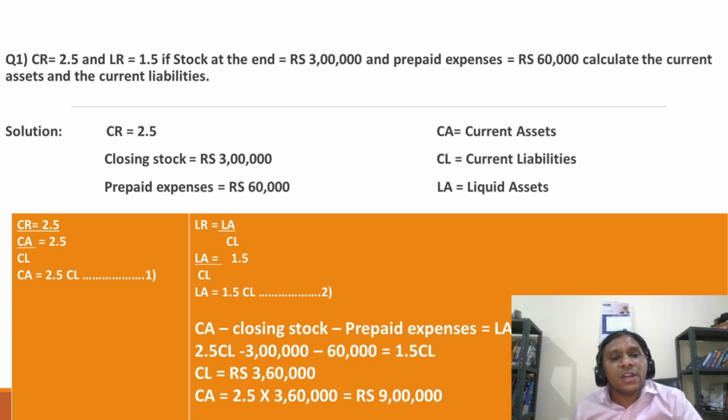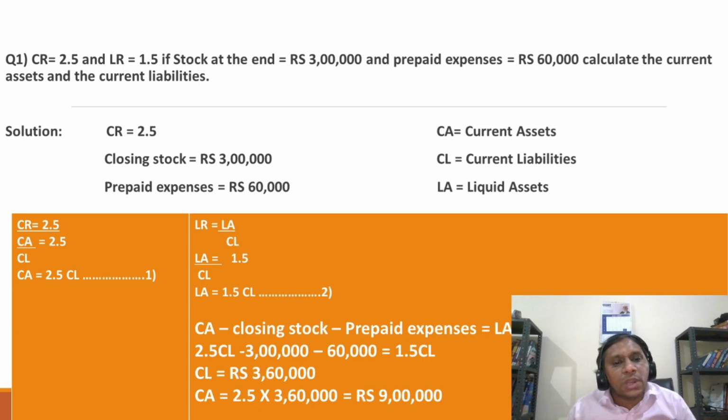After writing this formula, CA can be written as 2.5 CL from equation 1, minus closing stock which is 3 lakh, prepaid expenses 60,000, is equal to 1.5 CL in place of LA. So after solving this equation, we get current liabilities equal to rupees 3,60,000.